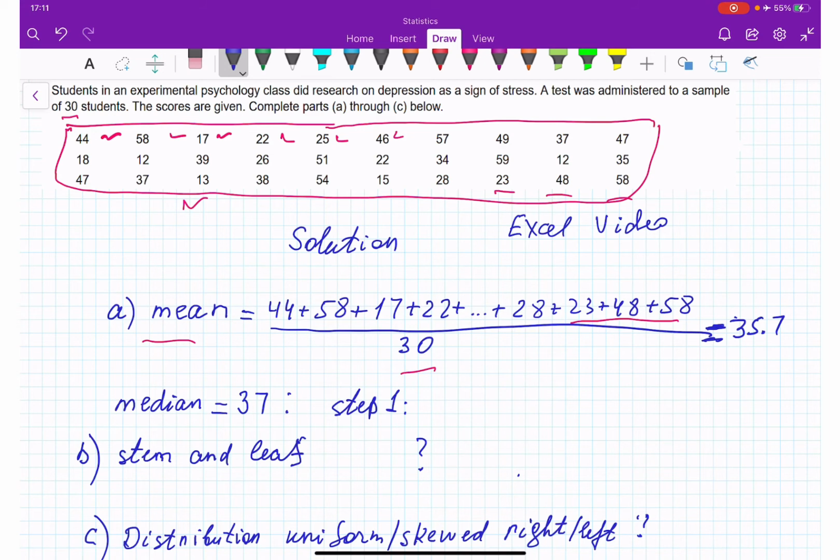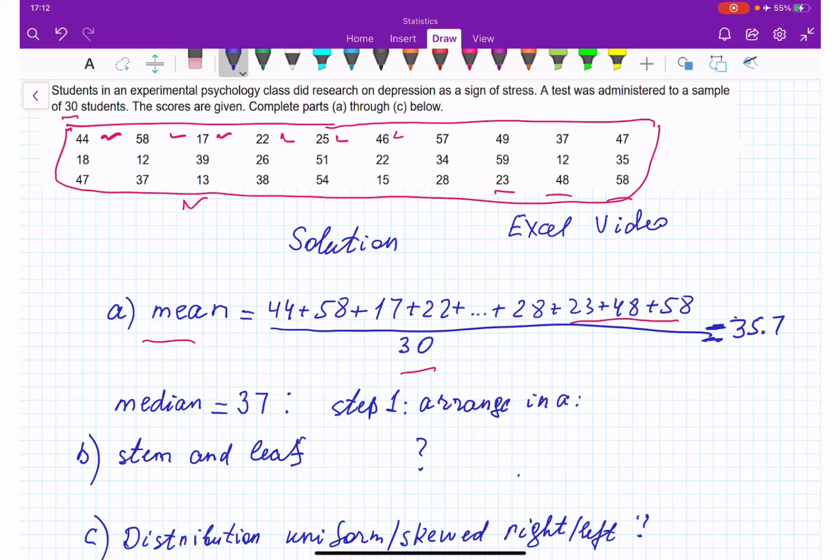Step 1, arrange in ascending order. And then find the average. Since you have 30, what is going to be the middle? The 15th and 16th position, right?